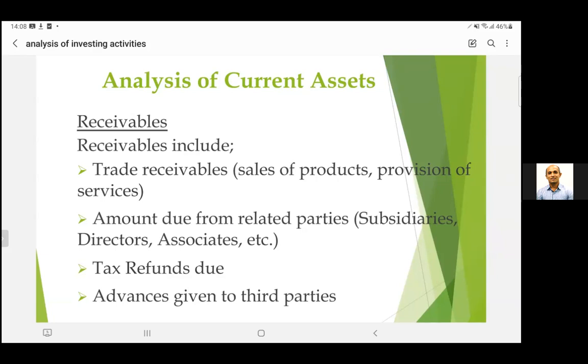When you sell goods to related parties, then it's valued at invoice. So usually receivables are initially measured at transaction price.